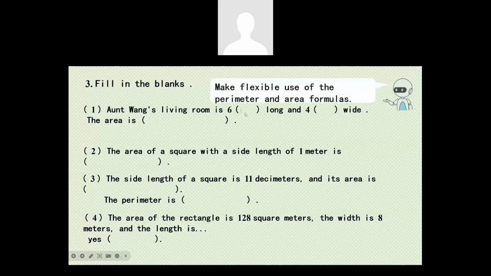Okay, let's check answers. The living room is 6 long and 4 wide. The area is 24 square meters.